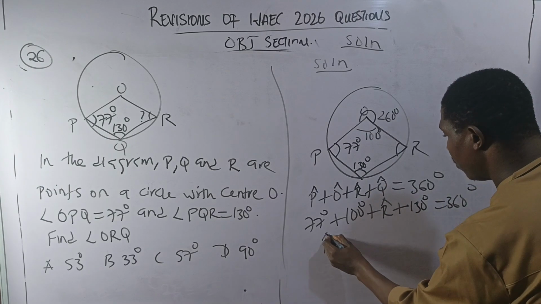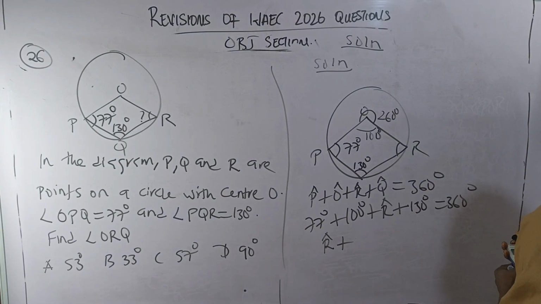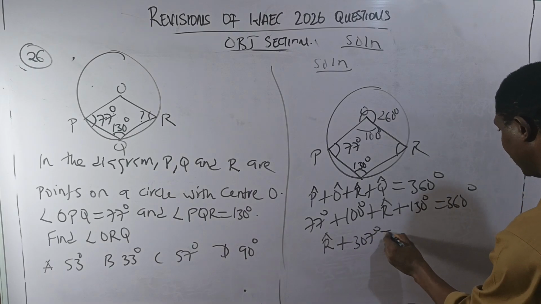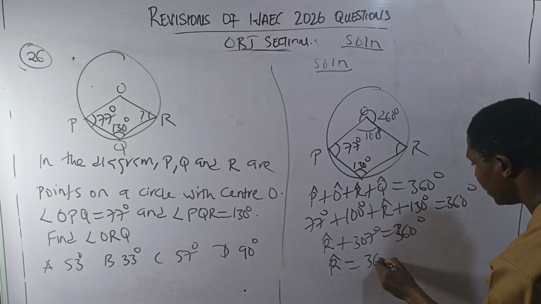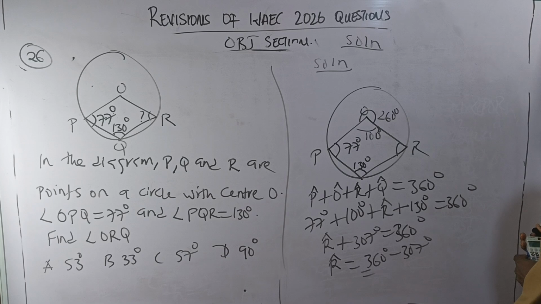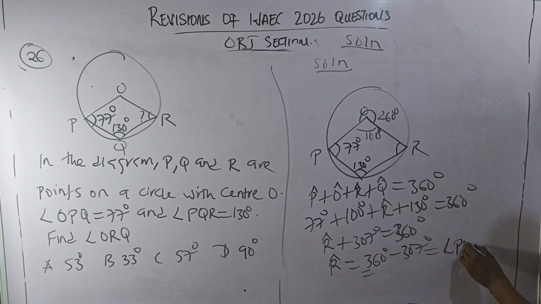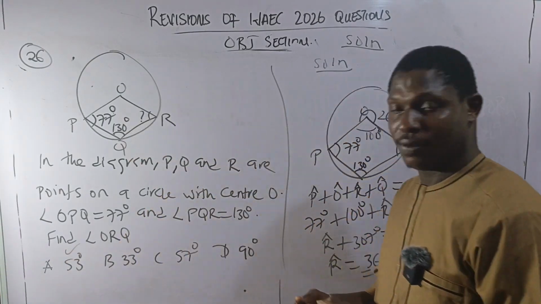Now my angle R plus 77 plus 100 plus 130 will give me 307 degree, equals to 360 degree. And my angle R equals 360 degree minus 307 degree, which equals 53 degree, which corresponds to my A.